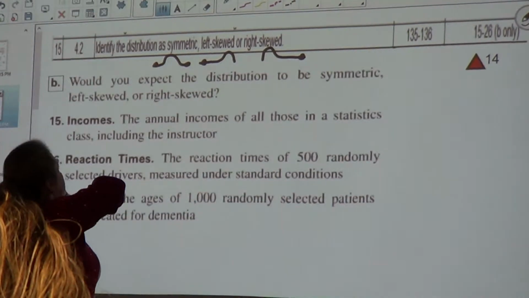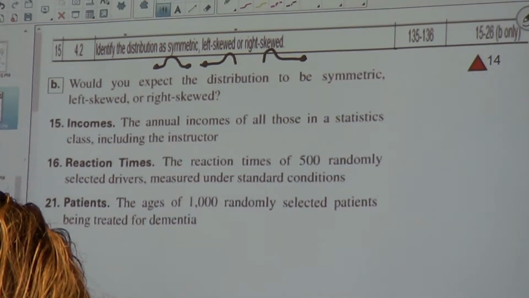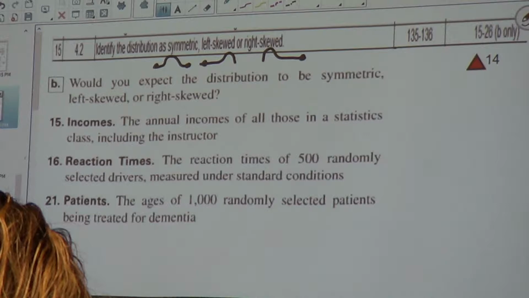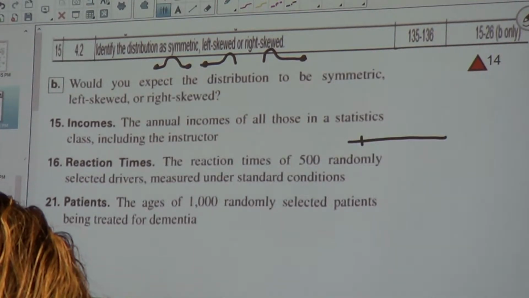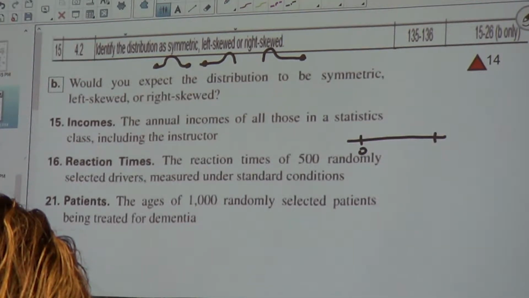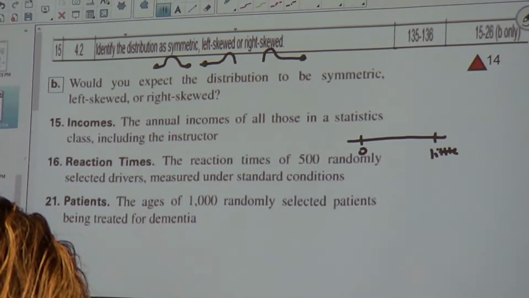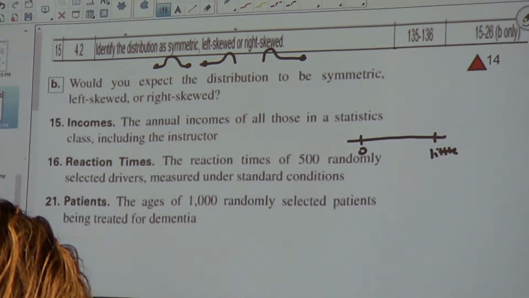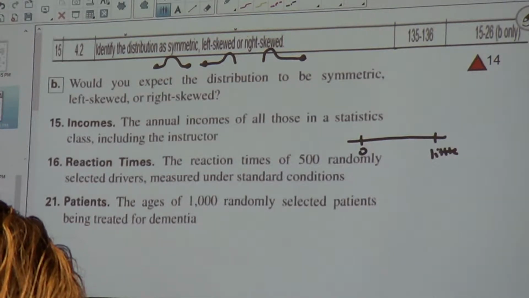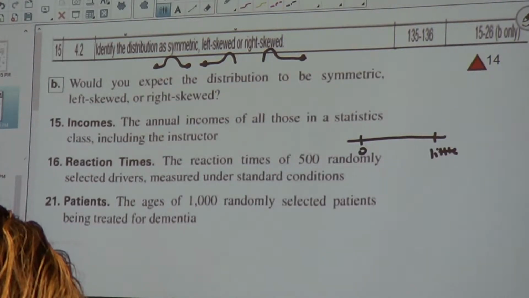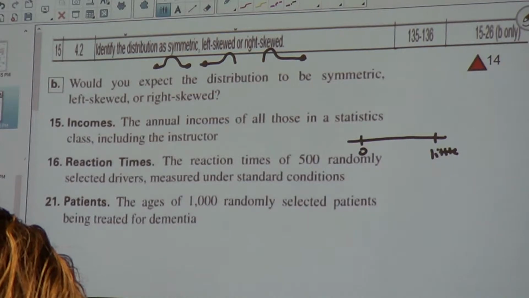The annual incomes of all stats class, including the teacher. So if we have from 0 to a little, because the teacher doesn't make too much, most people in a stats class are students. A lot of students either don't work or have part-time jobs.